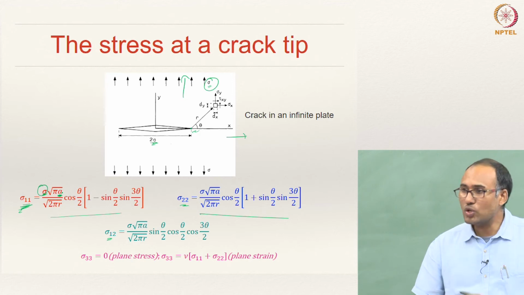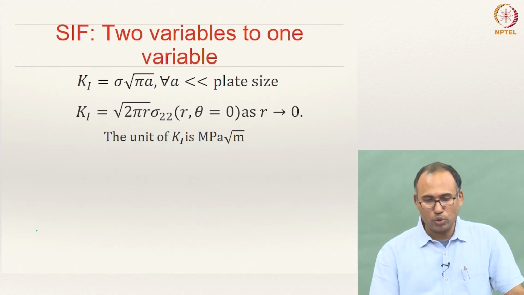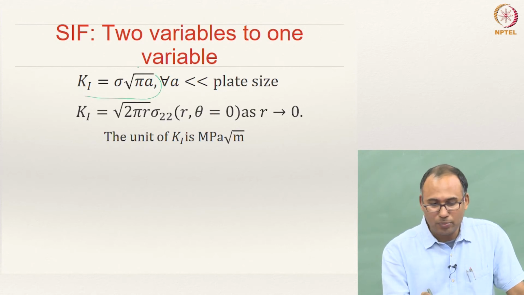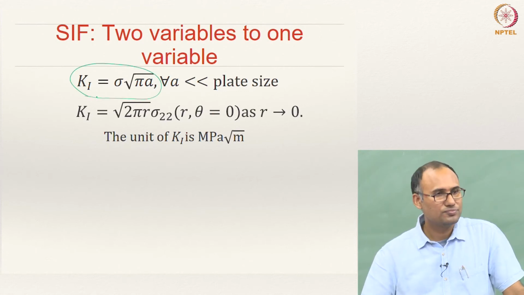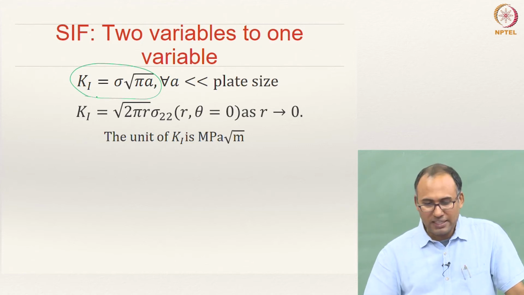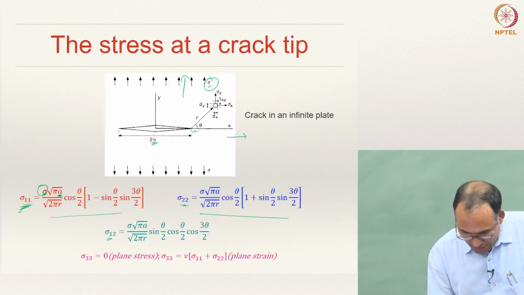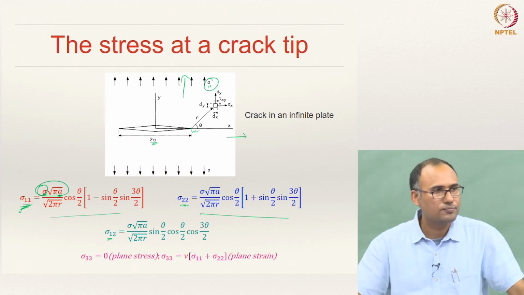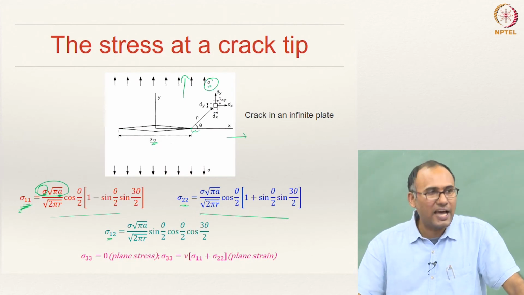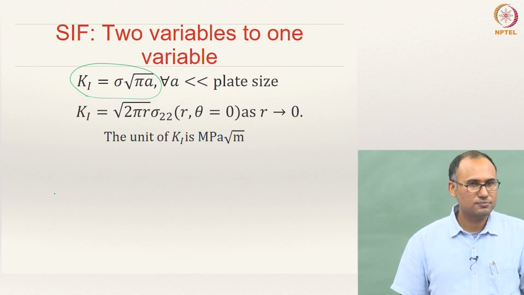So now you can put them together and define a new variable called K1, and the new variable K1 is equal to sigma root pi A. Whatever you have here, this entire term is defined as K1, and this guy is called stress intensity factor.